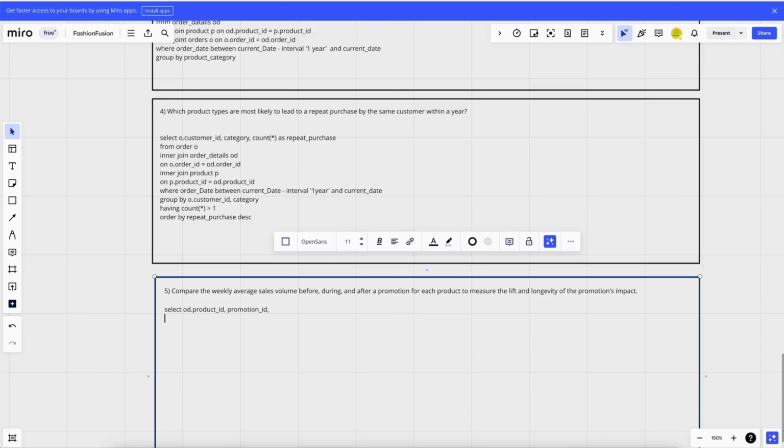And let's have a couple of case statements to mention before, during, and after. So that will be case when order date is between our promotion start date and end date, that should be during.